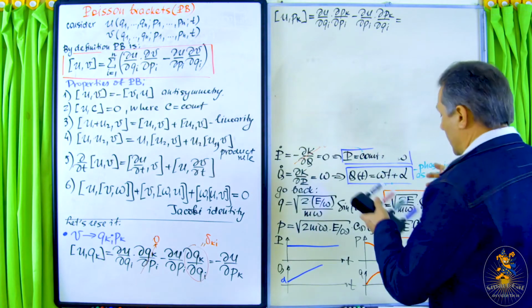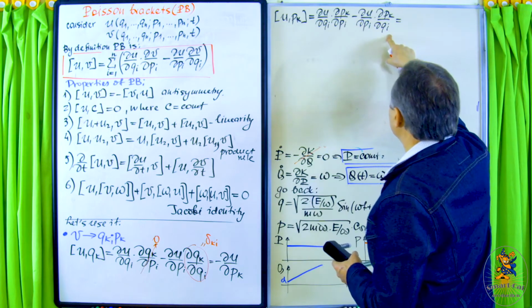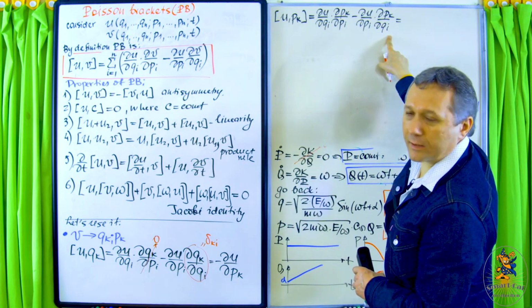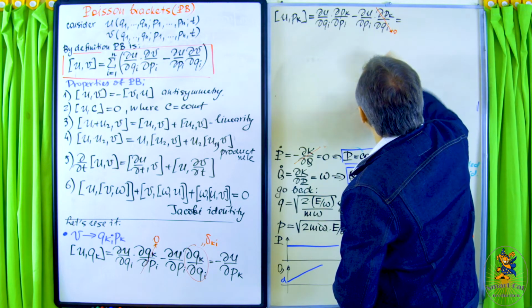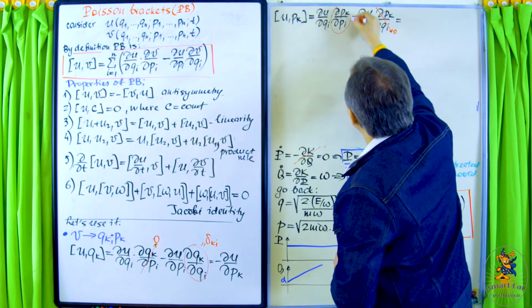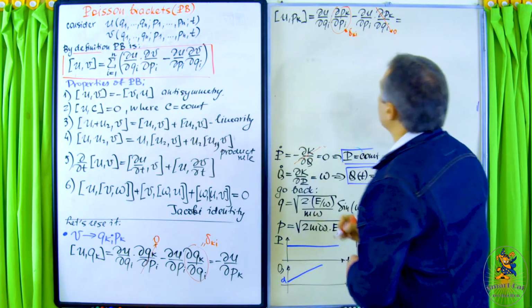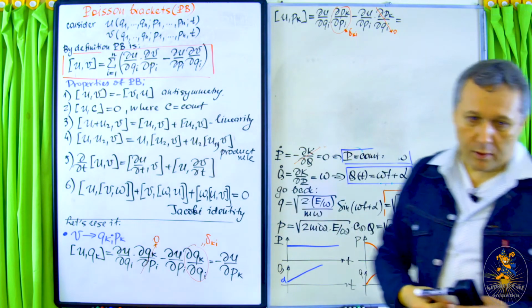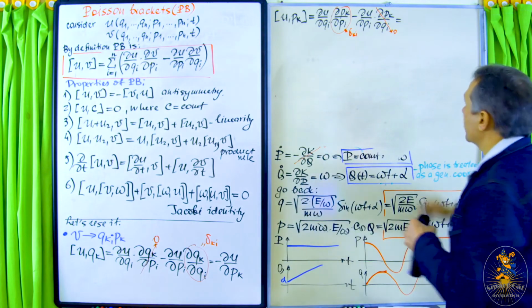Okay, again, the same. Let's look carefully. Pk with respect to qi, they're linearly independent in the Lagrangian formalism. So this gives us 0. And again, this partial derivative is going to give us the Kronecker delta ki, which is going to kill that summation, leaving only one term where i equals k.